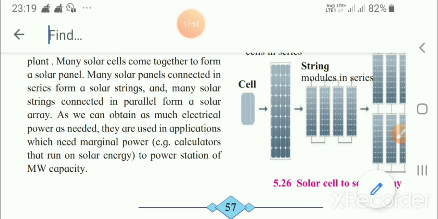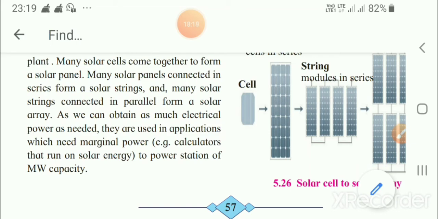Now the power which is available from the solar cell is DC, meaning direct current.